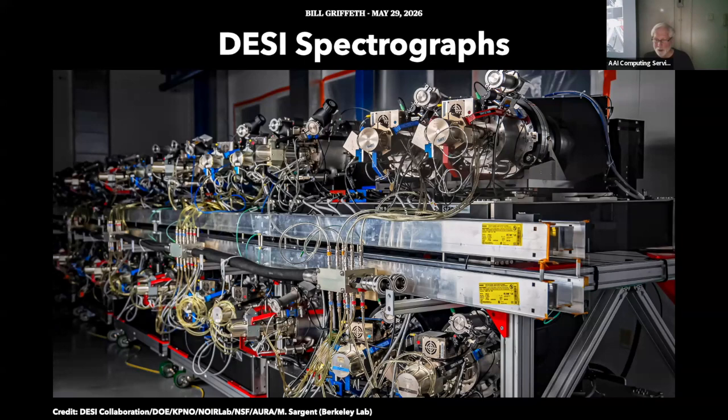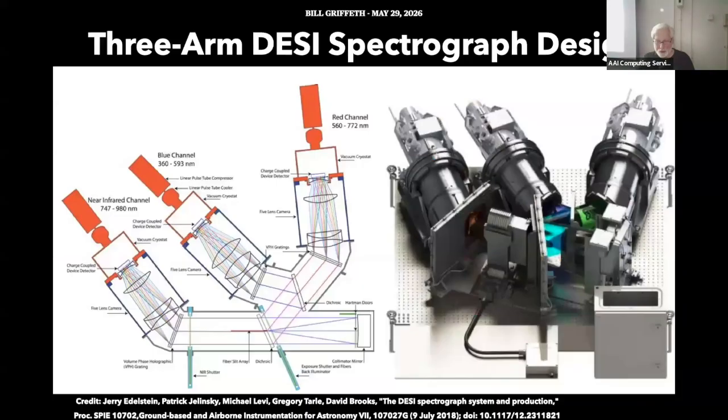Multi-object spectroscopy is a complicated business. Let's look next at the design of one of these spectrographs. The light entering each of the 10 DESI spectrographs is processed by 3 channels: near-infrared, red, and blue. Here are the details. 500 fibers from DESI's front end terminate in a slit in the infrared beam splitter.